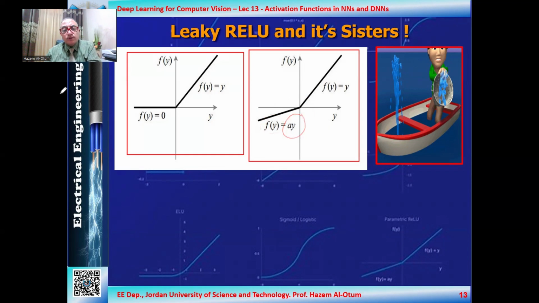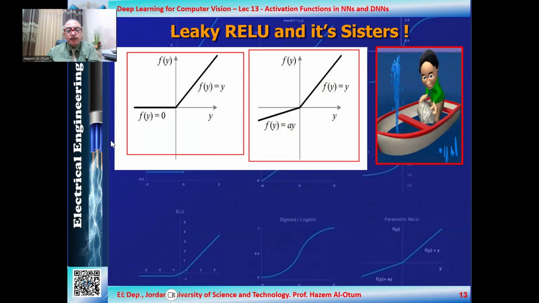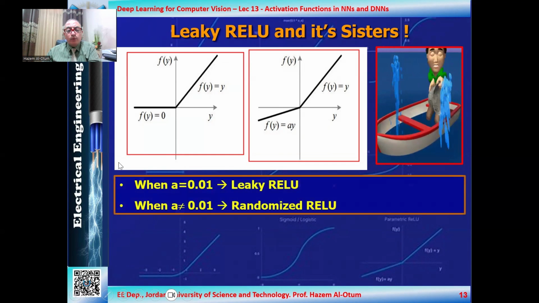So when the input has a negative value, we scale it by a value of a. This is a constant value for this function. In general, when a is equal to 0.01, the function is called leaky ReLU. However, if we pick other values rather than 0.01, we can call it a randomized ReLU.